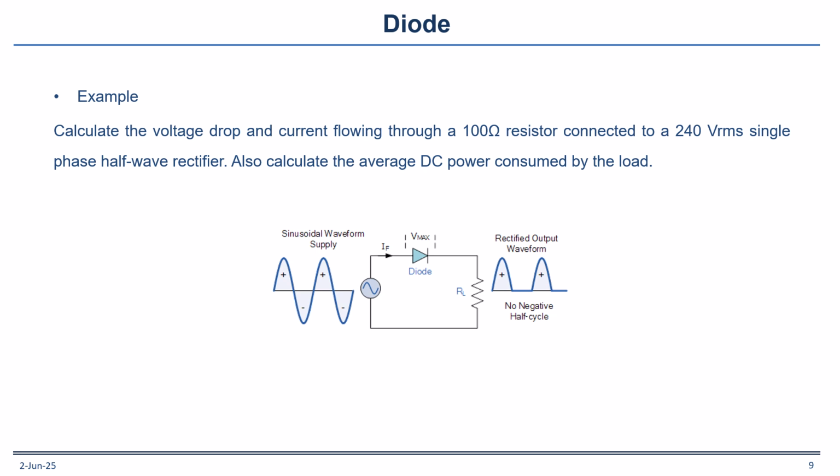Here is one example. If we want to find the voltage drop, assume we have a 100 ohm resistor, this is DC, and we have 240 volts RMS as AC. To find the DC output, the DC voltage is equal to 45% of V RMS, so it will be 108, for example.